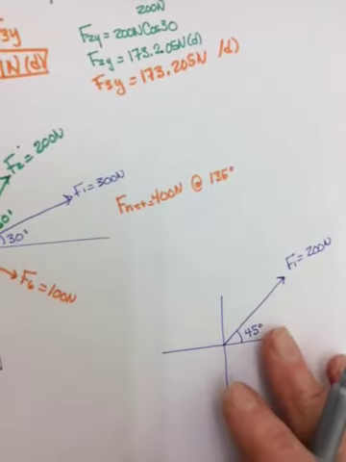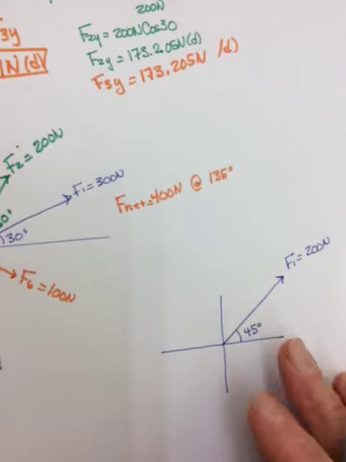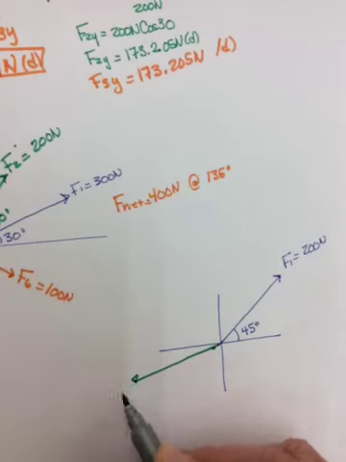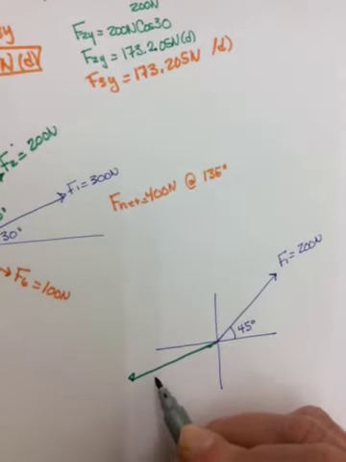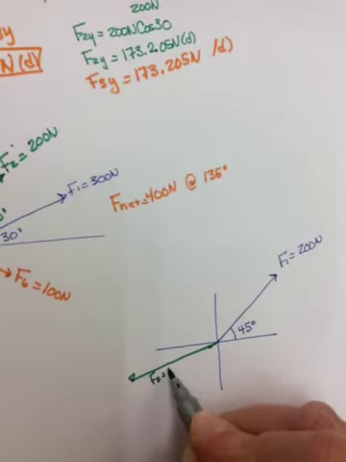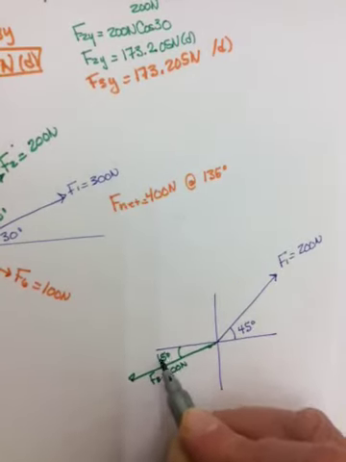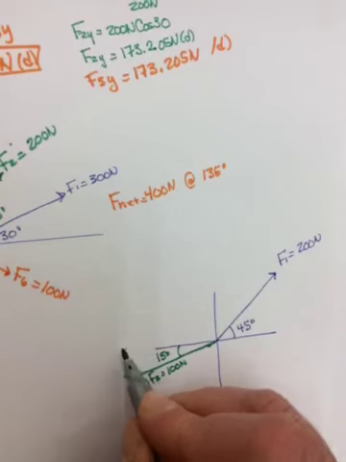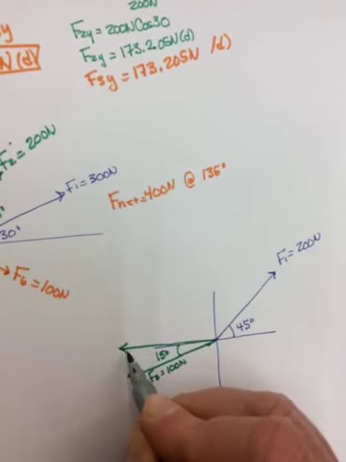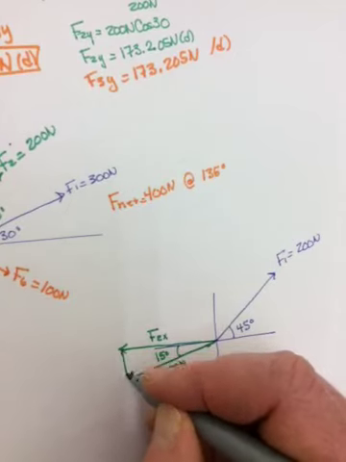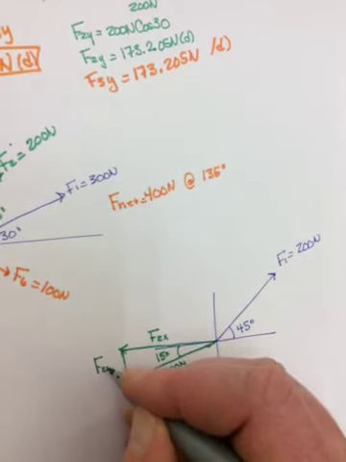So the next one is 100 newtons acting at 195. 195 would be down here. And so this is F2, and it's 100 newtons, and this angle would be 15 degrees. And so it's going to have an F2x and an F2y.